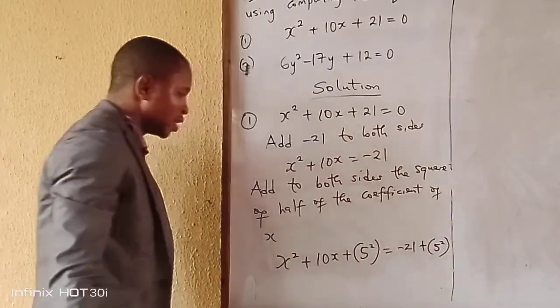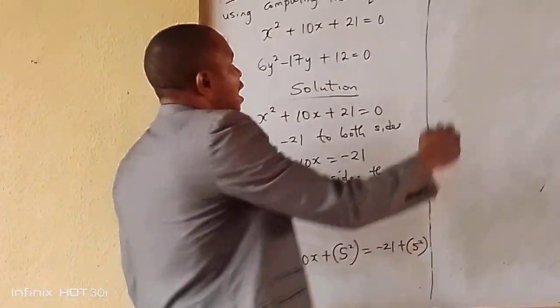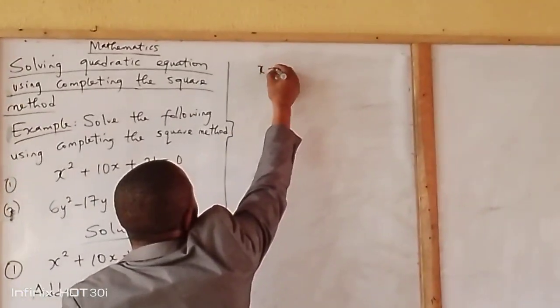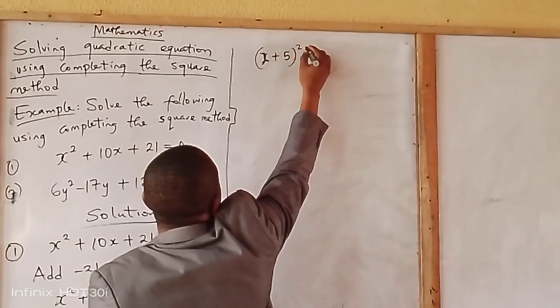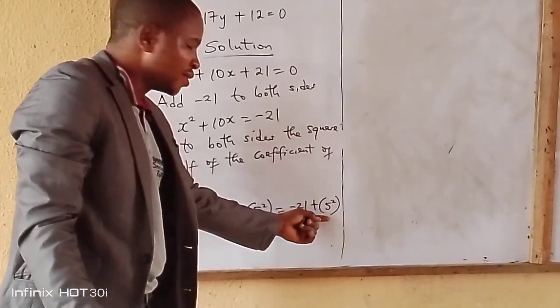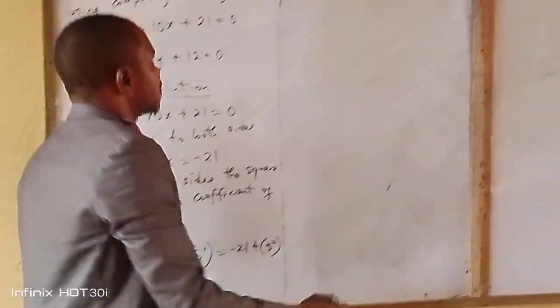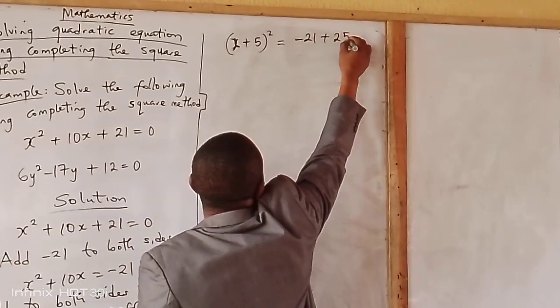squared. And if we solve this, we are going to have s plus 5 squared. And by the time we open 5 squared, we are going to have 25. So this gives us minus 21 plus 25.